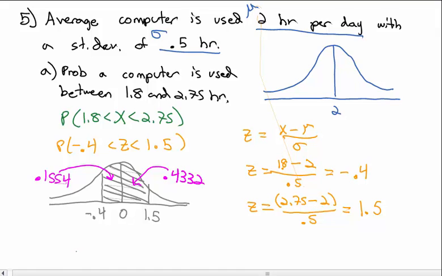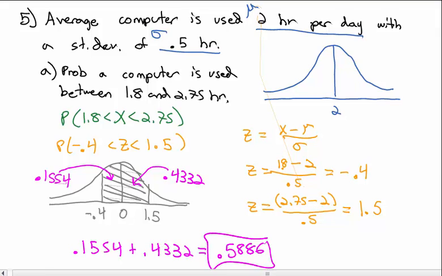Because we want both areas, we're going to add them together. 0.1554 plus 0.4332. A little help from our calculator, we got a 0.5886 probability.